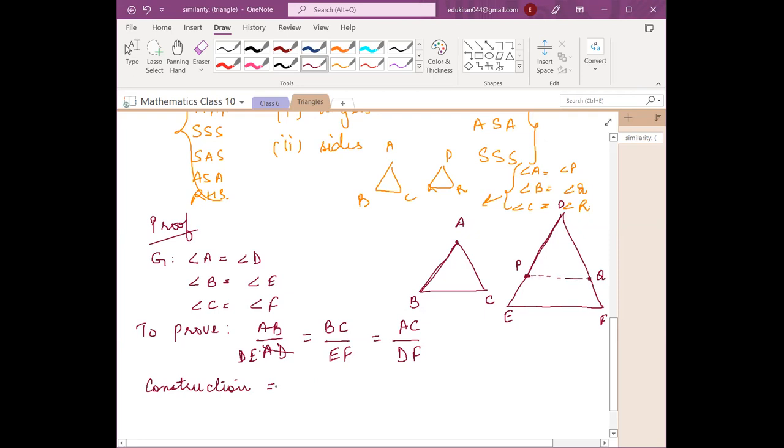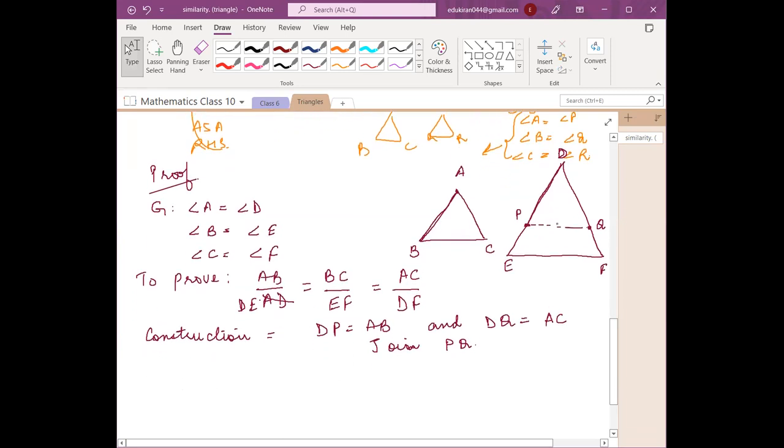So the construction is that DP is equal to AB and DQ is equal to AC, and then join PQ. So this much is your construction. Any confusion so far? No, ma'am.